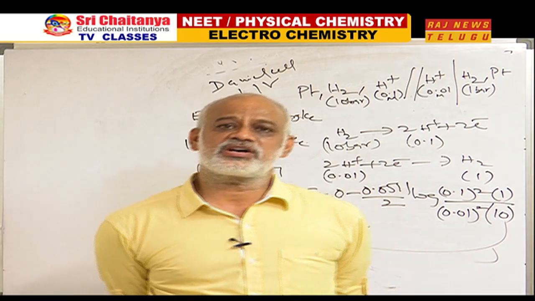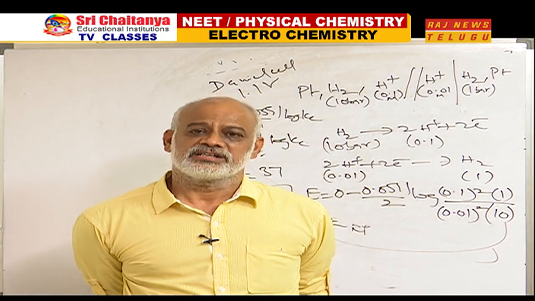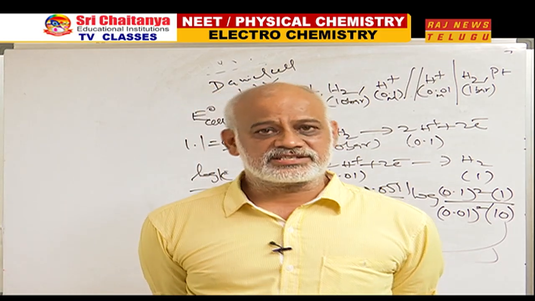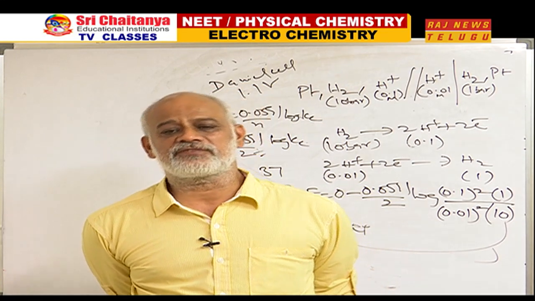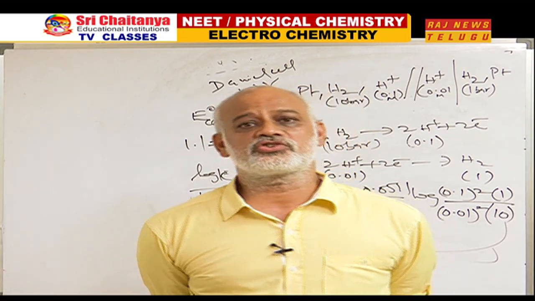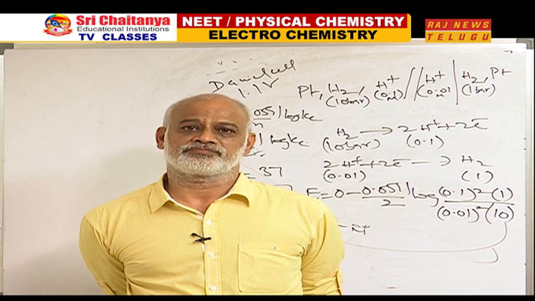Corrosion of iron is called rusting of iron. We will see the mechanism of rusting in the next class. The formula of rust is Fe2O3.xH2O.